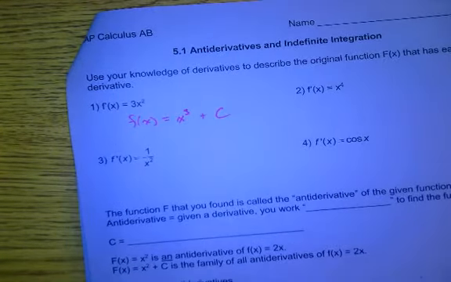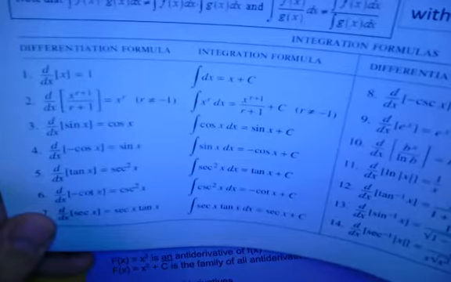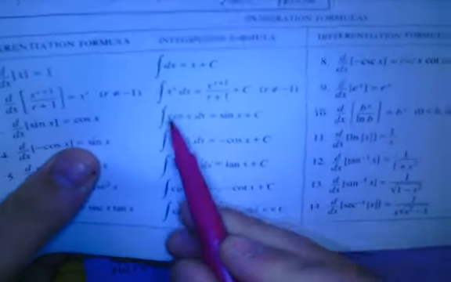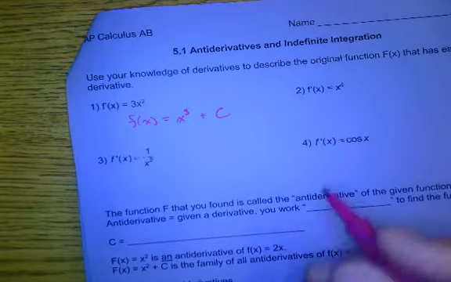So what's the formula here then? You have it on your formula sheet, which is right here. It's going to be the second one on the formula sheet. This is the formula to go backwards.